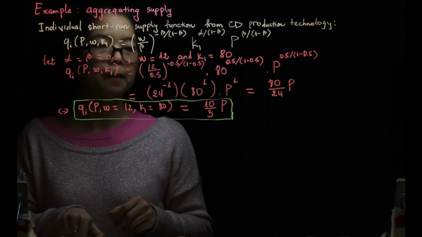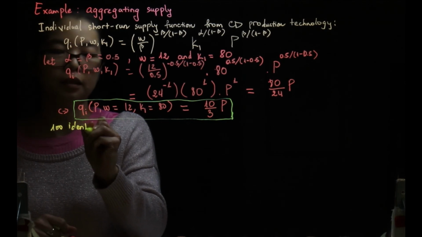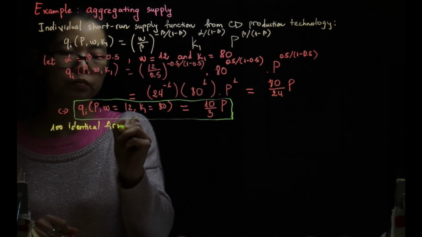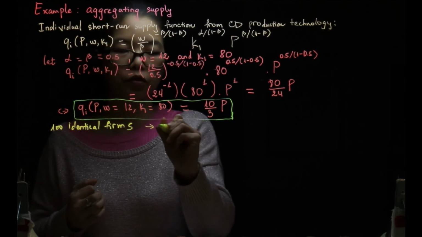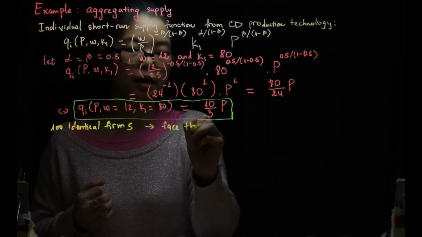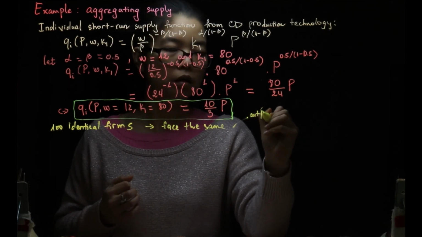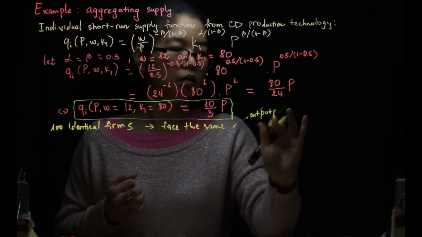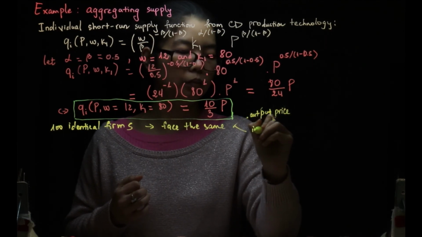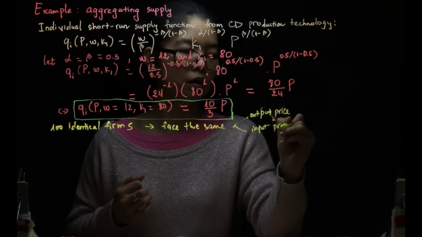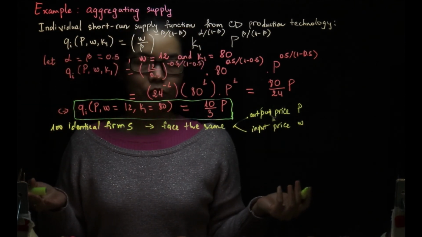Now assume we have 100 identical firms. Identical meaning these firms face the same output price and input price, P, W. What to do?